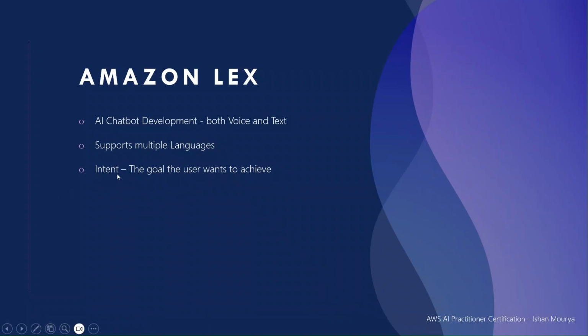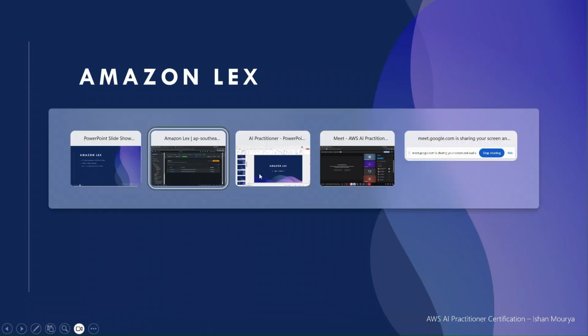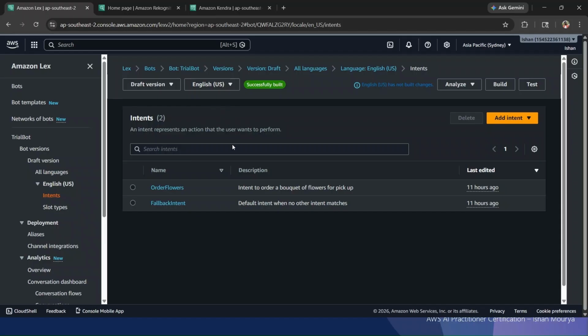So let's see some sample intents we have created. In our trial bot, you can see there are two intents: order flowers and fallback intent. The fallback intent is actually the default intent. If the bot is not able to relate your query to any of the intents it has, it will go back to the fallback intent.